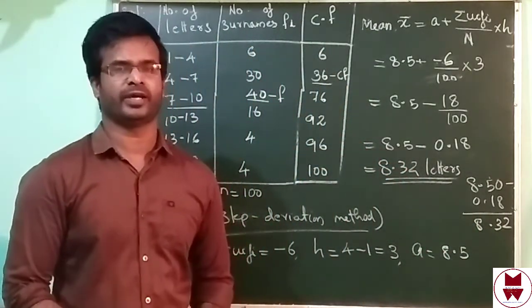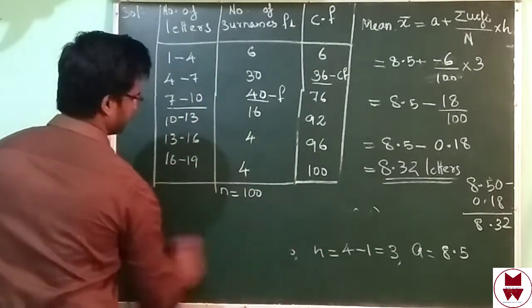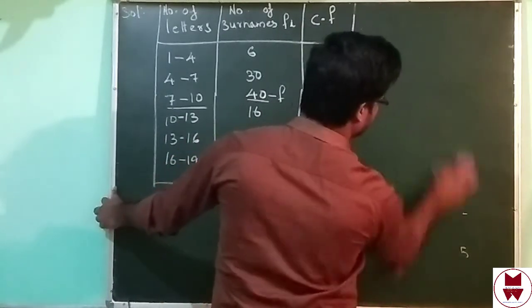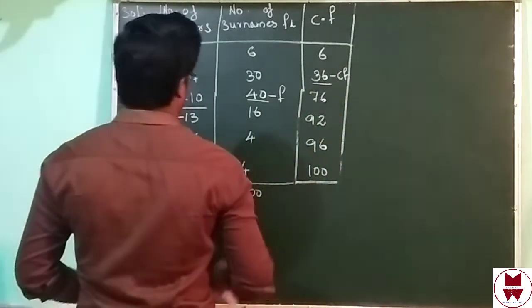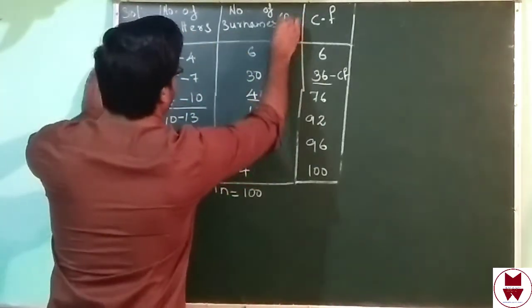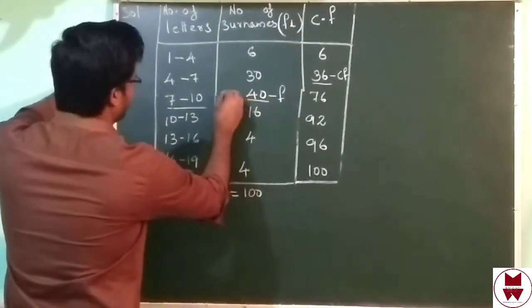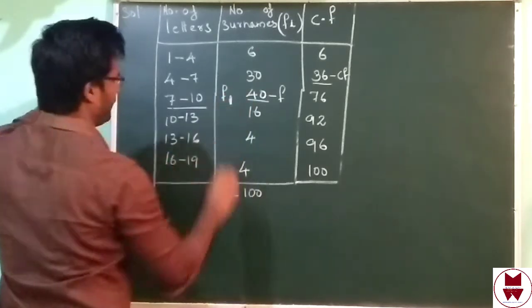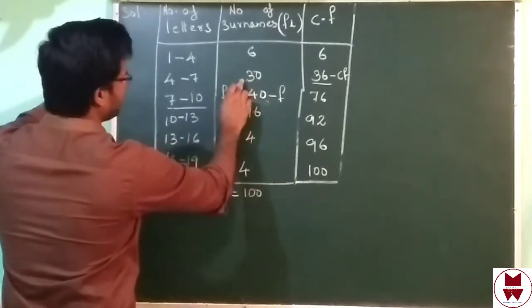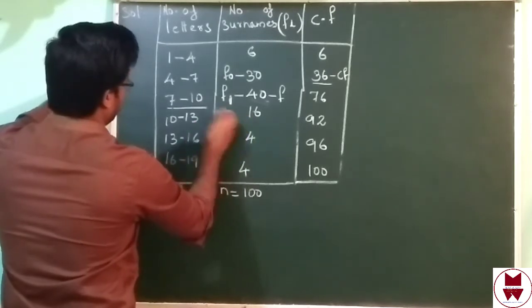Then next we have to find out the mode also. Now we can see mode. For mode, first check the frequency table. Highest frequency. What is the highest frequency in here? That is 40. We can write that as F1. Then the preceding frequency is F0. Then the succeeding frequency is F2.